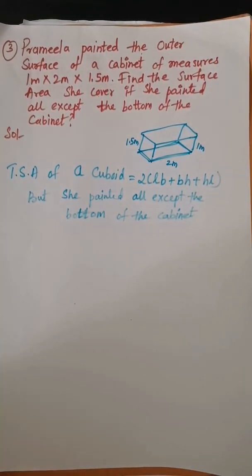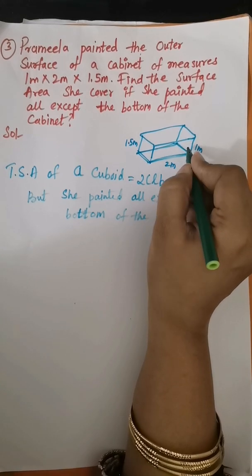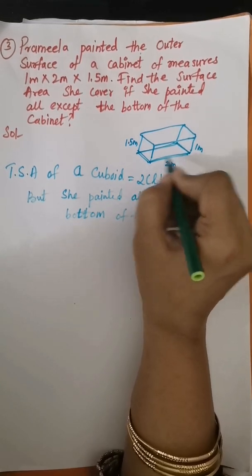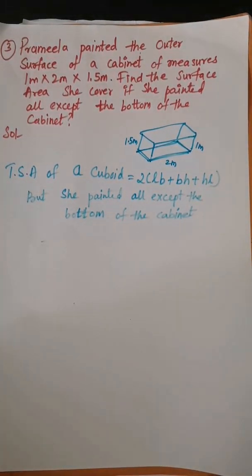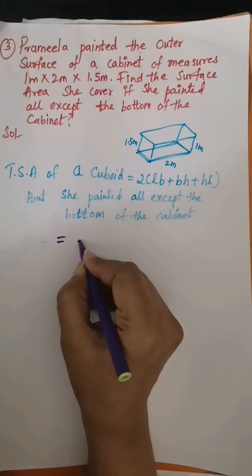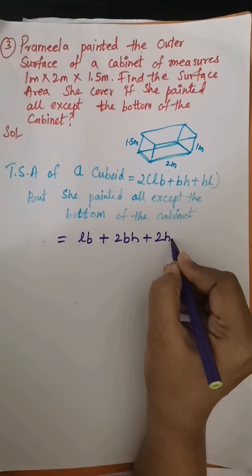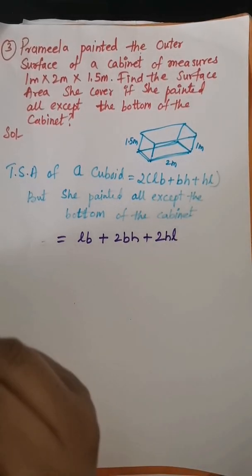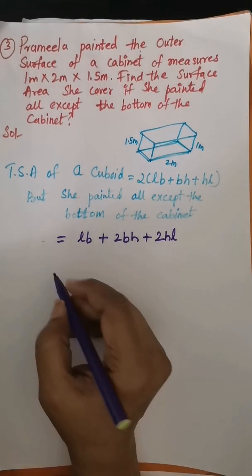Bottom means it has L and B, so from 2LB you have to remove one LB. So instead of 2LB there will be 1LB plus 2BH plus 2HL.